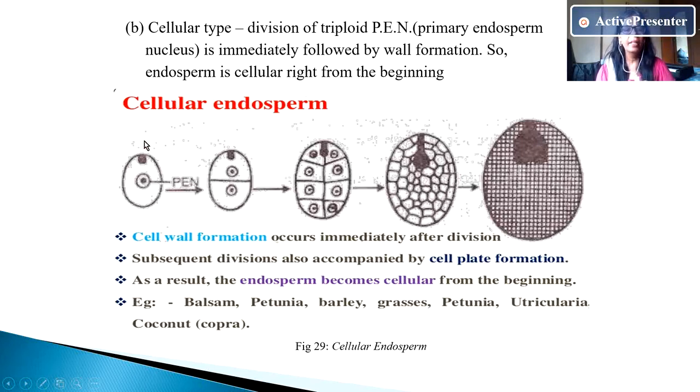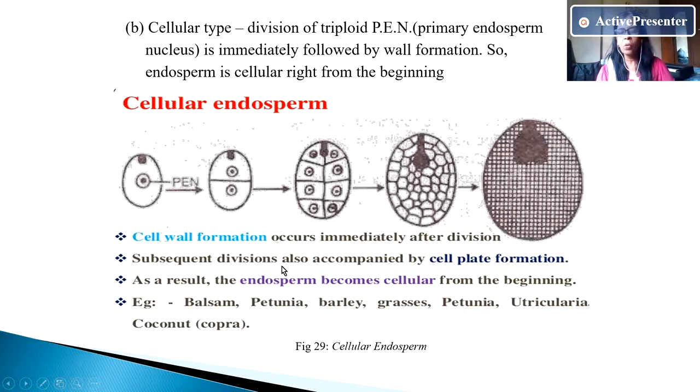See here, the primary endosperm nucleus after triple fusion undergoes mitotic division and immediately a wall forms between the two nuclei. And here continuous mitotic division, after each division cell formation takes place, and here cellular endosperm forms, and inside you can see the embryo. So cell formation occurs immediately after division.